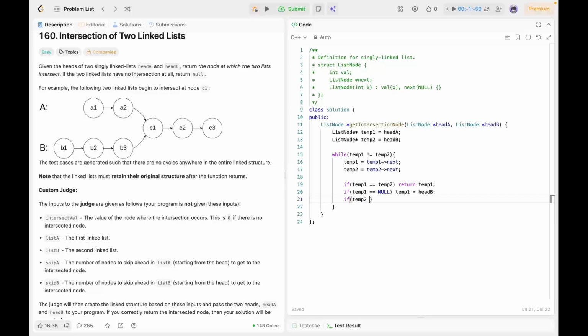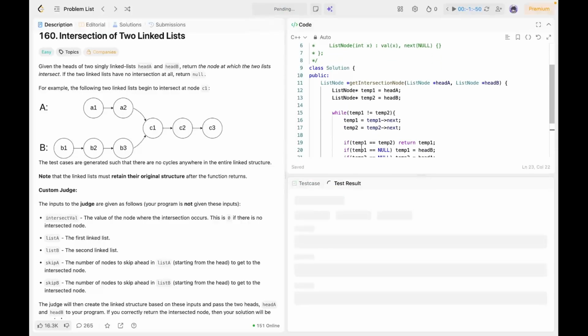What if my temp2 reaches the null? So I will say temp2, go point to the head of the other linked list, meaning head of A. And after the while loop, you can simply return null or temp A or B, whatever, because they both will be pointing to the null.